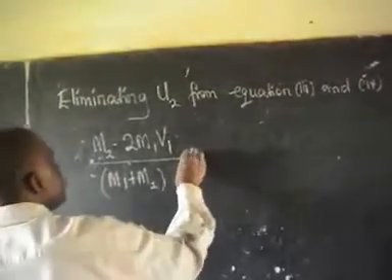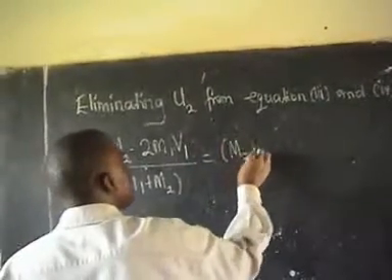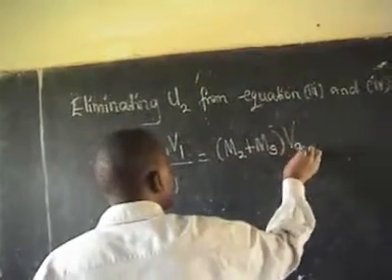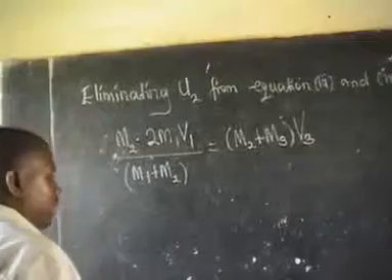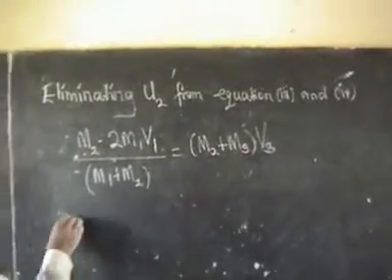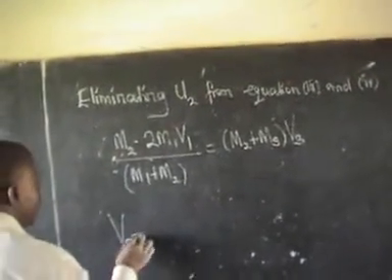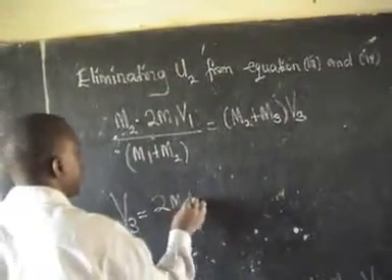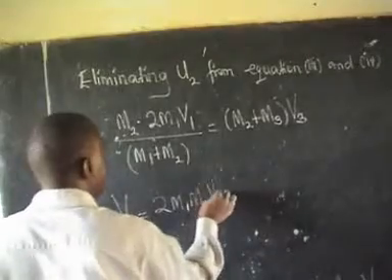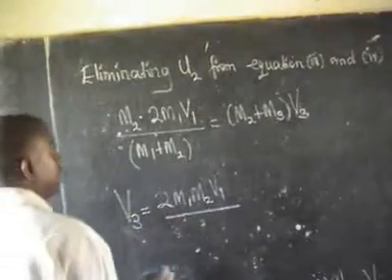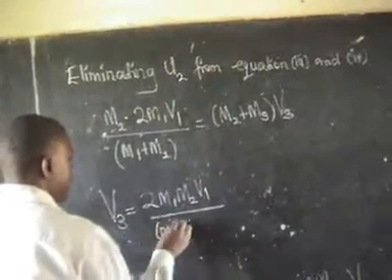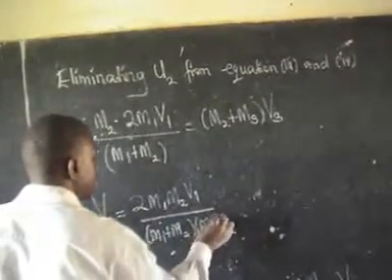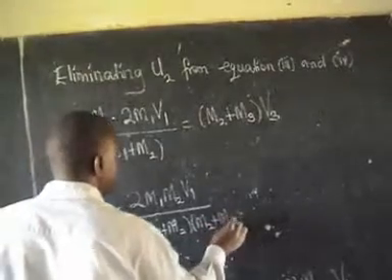equals M2 plus M3 into V3. When you make V3 the subject, you get your V3 equals 2 M1 V1 divided by M1 plus M2, plus M3.